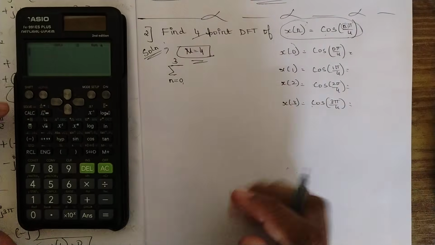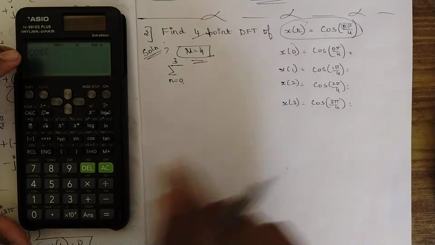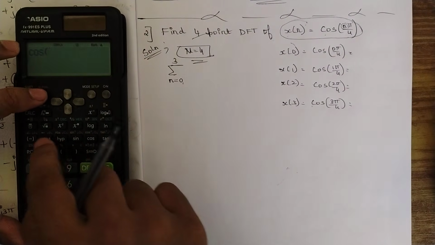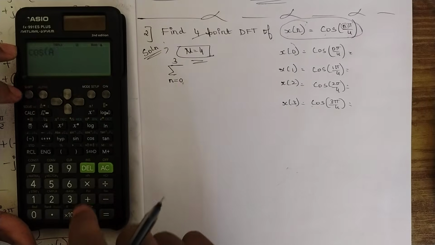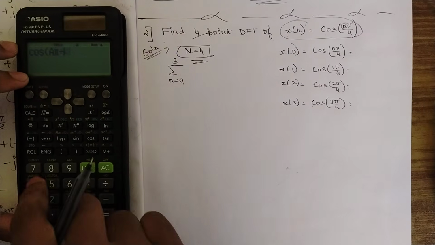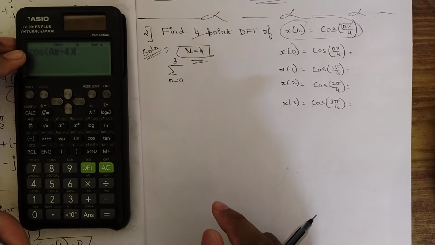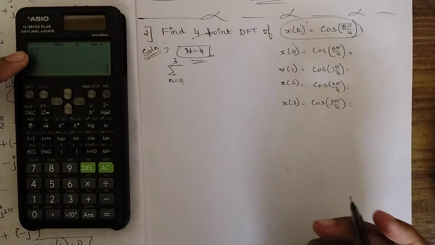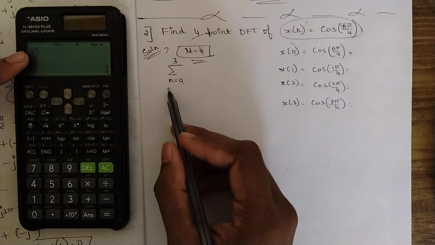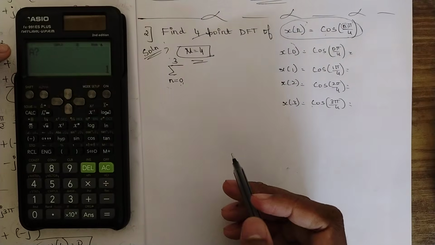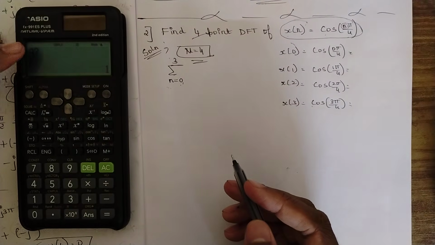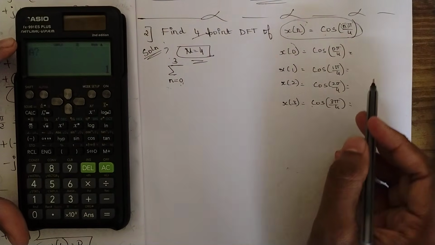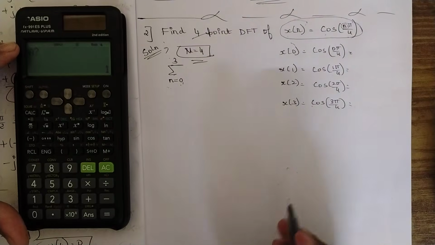Similarly, here write cos of, in place of n write a, that is alpha, then pi by 4. Press calc, and it would be asking the value of a. We know that the value of n tends from 0 to 3. We should substitute the value of a as 0, 1, 2, 3, and whatever answer we get, we should write it down in the sequence.